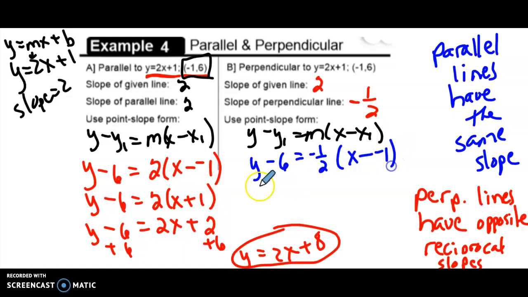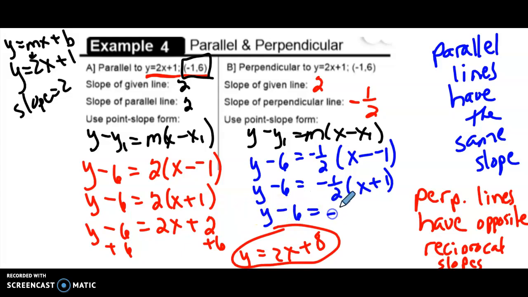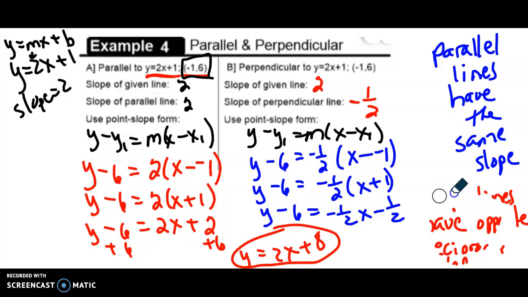Okay, so very similar. It's just a different slope. I'm going to change minus and negative to plus, just like I did here. I'm going to have to distribute my negative a half through. Negative a half x minus a half. And then I'm going to add 6 to the negative a half.